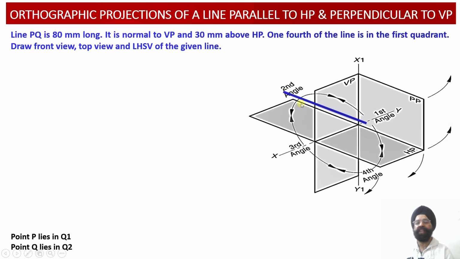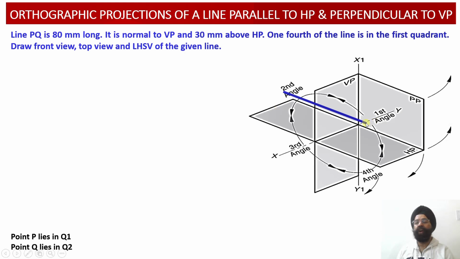Second, the distance of this line above the horizontal plane happens to be 30 millimeter. This line PQ happens to be parallel to the horizontal plane, so that into the horizontal plane, that is the top view projections, we are going to obtain the true length projections of this particular line.